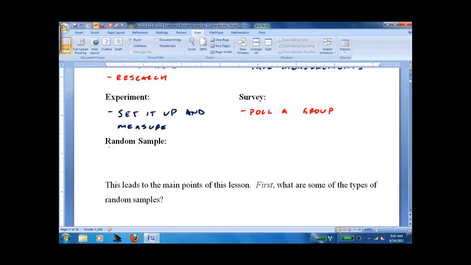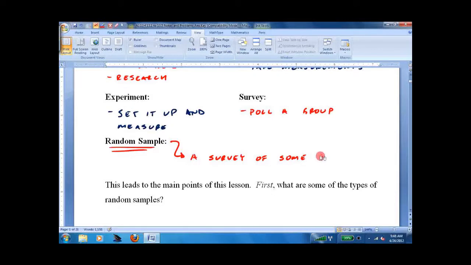We want to take a random sample. That's just a survey, polling a group, or picking a bunch of apples from an orchard, or a bunch of widgets off an assembly line, or a random bunch of pencils in a classroom.